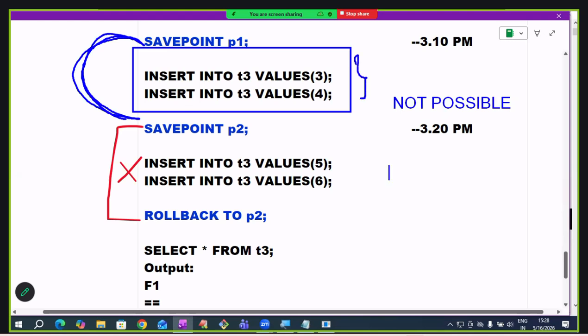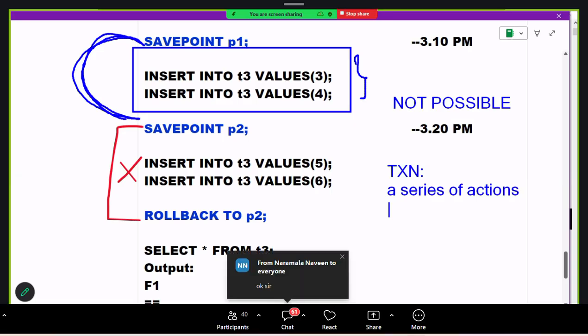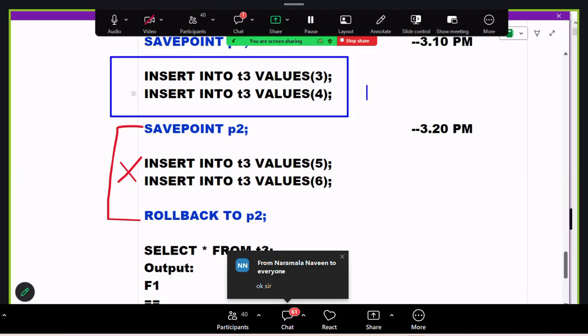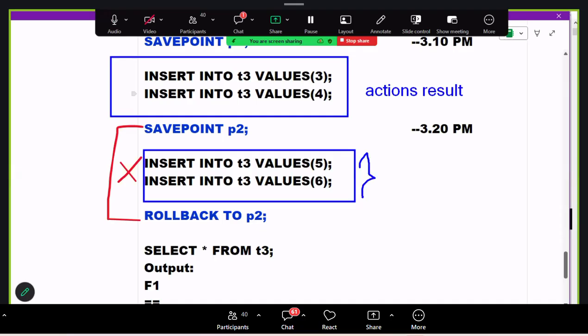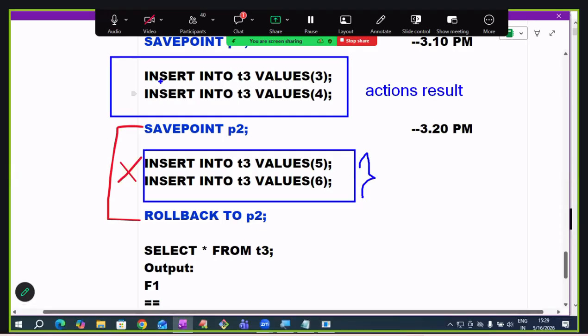Why? Because the definition is very clear. A transaction is a series of actions. It is a step by step procedure. Based on these actions' result, I am performing these actions. Assume, sir, I'm performing one transaction.